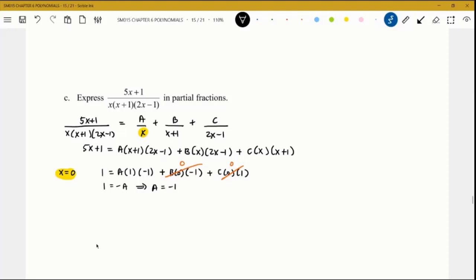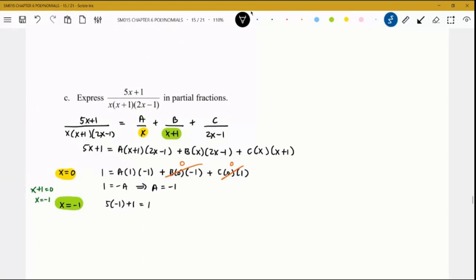Okay, itu baru satu unknown. Next one adalah x equal to negative 1. Mana datang x equal to negative 1? Daripada yang ini, which is x plus 1 equal to 0, x equal to negative 1. Okay, so we substitute into the left hand side and right hand side. 5 multiplied with negative 1 plus 1.